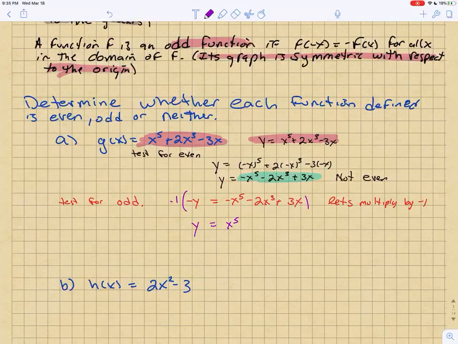Minus x to the fifth becomes x to the fifth. Minus 2x cubed becomes plus 2x cubed. Plus 3x becomes minus 3x. And I believe that is the original equation. Therefore, it's an odd function. By the way, not only is it an odd function, it's symmetric with respect to the origin, correct?